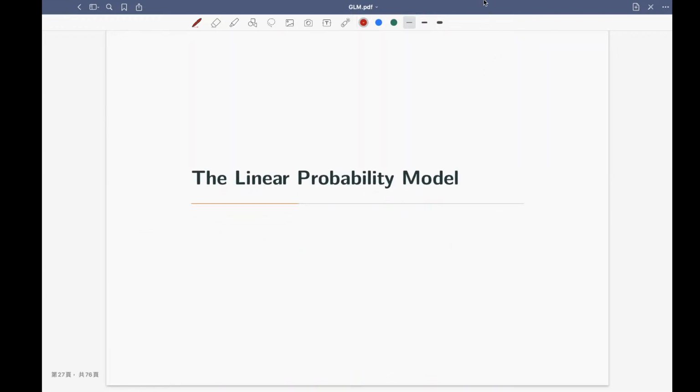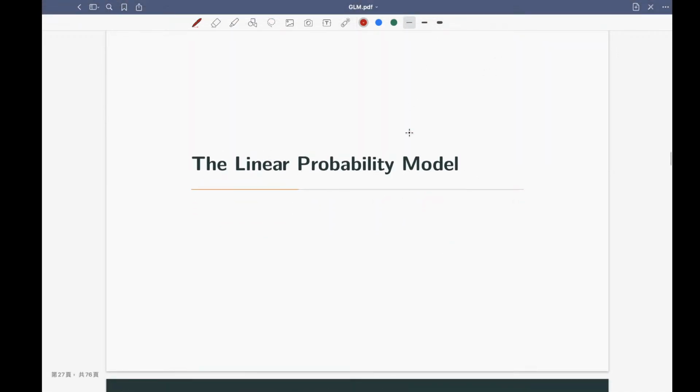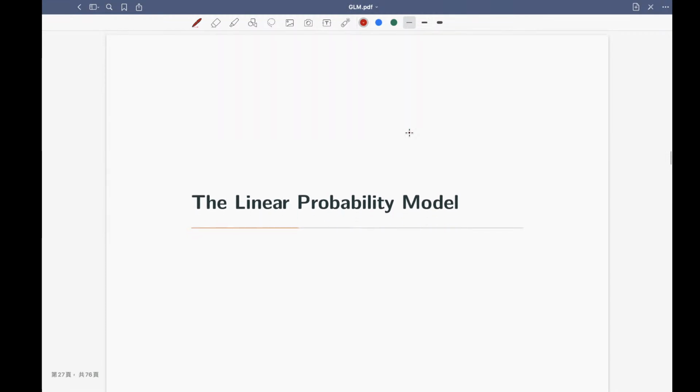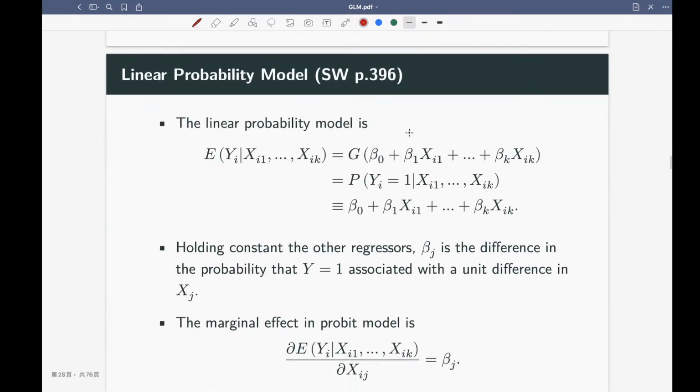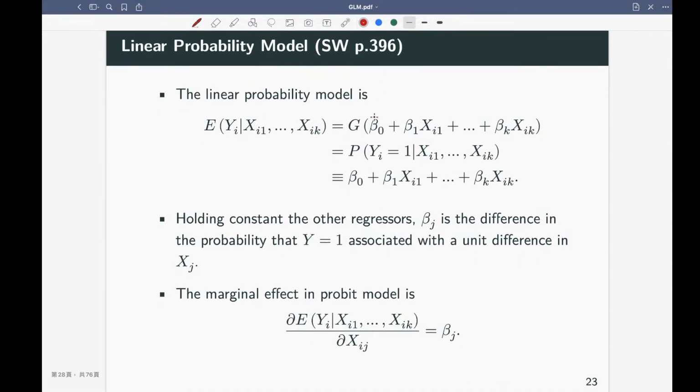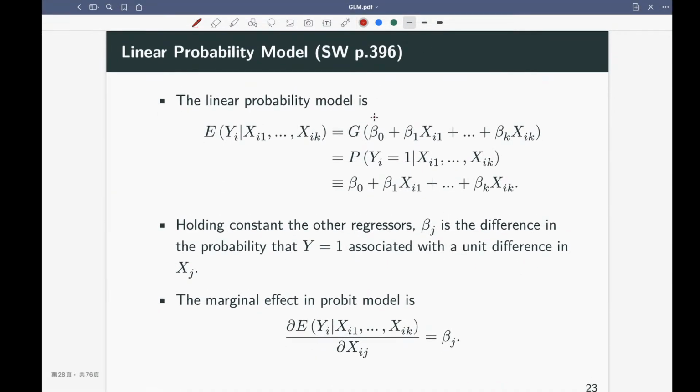Okay, so now we discuss the first model, the LPM, linear probability model. In the linear probability model, we use the identity link.